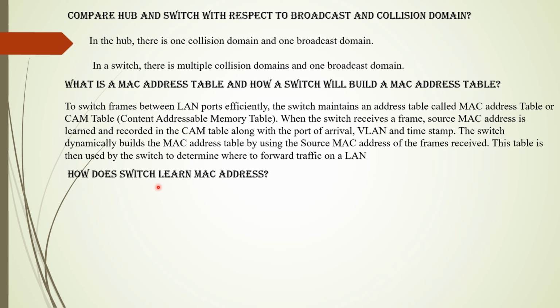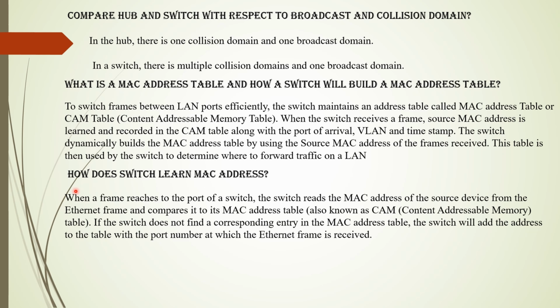How does a switch learn MAC addresses? When a frame reaches a port of a switch, the switch reads the MAC address of the source device from the Ethernet frame and compares it to its MAC address table, also known as the CAM table.